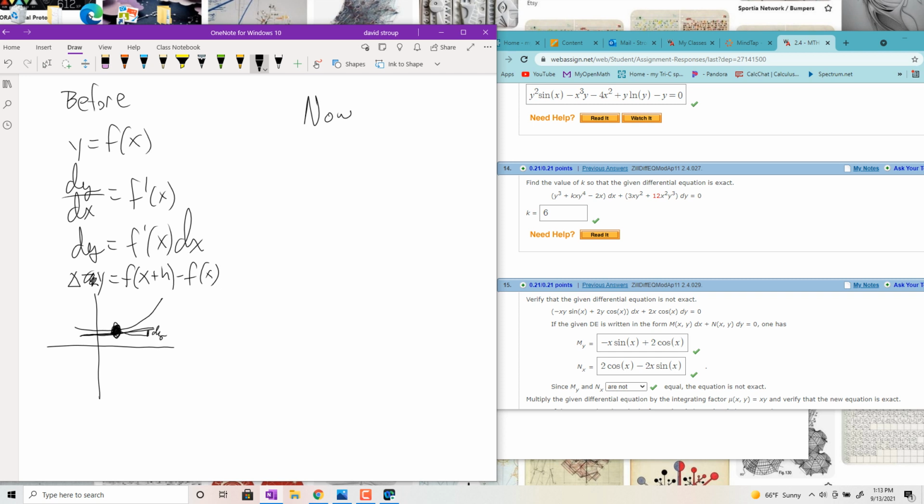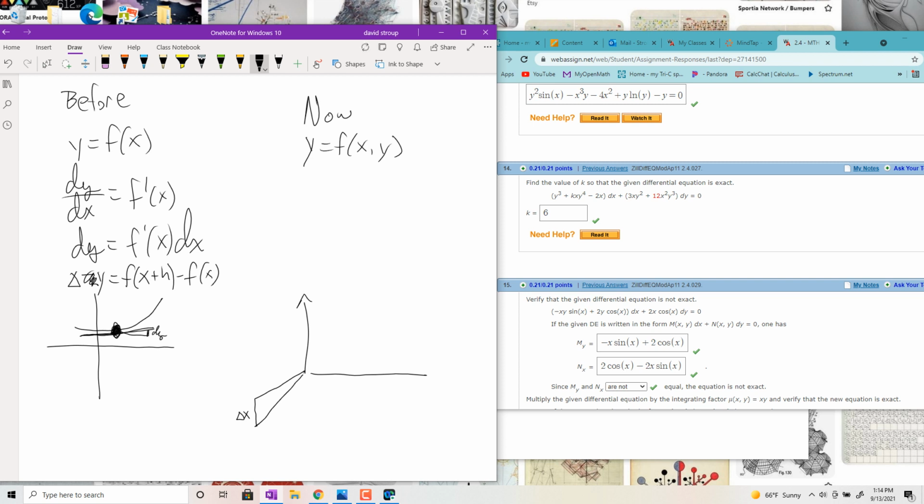Okay, we have the same idea now with multiple variables. We'll have z equals f of x comma y. To describe the derivative with multiple variables, you need a change in x and a change in y. And geometrically, that is a tangent plane as opposed to a tangent line. So there will be a change in the x direction like this.